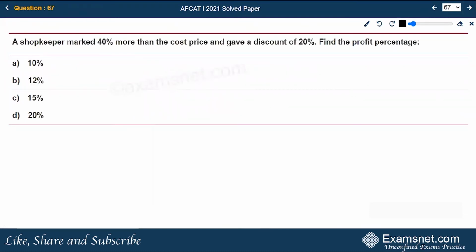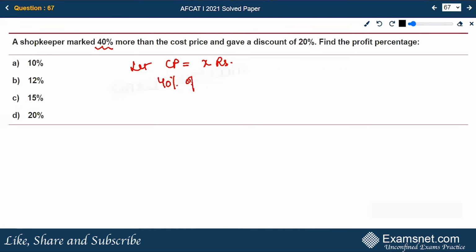Next, question number 67. A shopkeeper marked 40% more than the cost price and gave a discount of 20%. Then you have to find out the profit percent. So let cost price be X rupees. Now he has marked price 40% more than cost price.